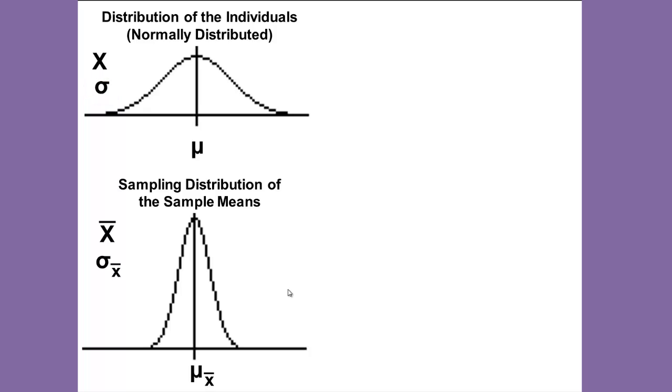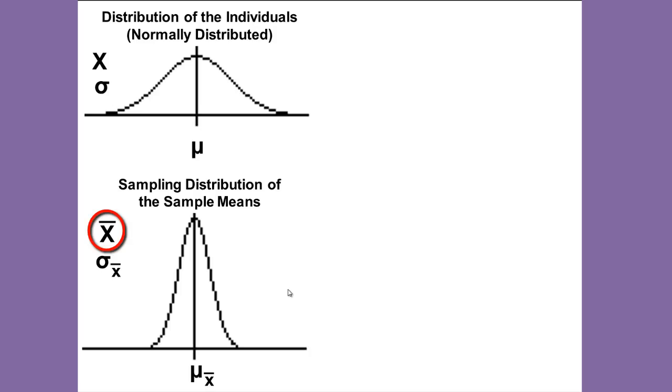Then we have the sampling distribution of the sample means. This is where we have a distribution of the sample means that we have obtained from samples from our population. That means instead of looking at the individual data points from our population, we're looking at samples, all of the same size, and the mean of each of those samples. In this case, we've labeled each mean we've obtained from each sample as X bar.